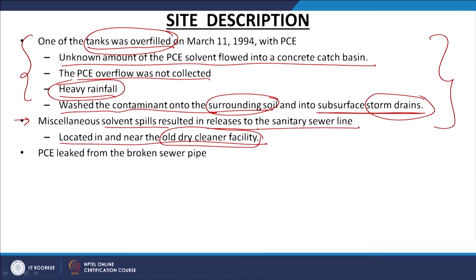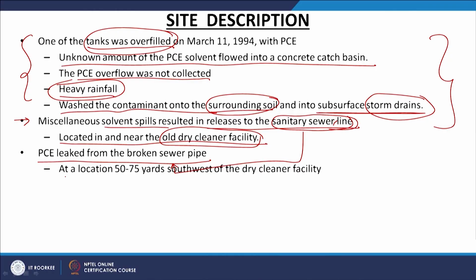As I mentioned earlier, the PCE leaked from the broken sewer pipe, as in the PCE going into the sanitary sewer, and this is broken. So now you have contamination of that soil and maybe groundwater, at a location around 50 meters.